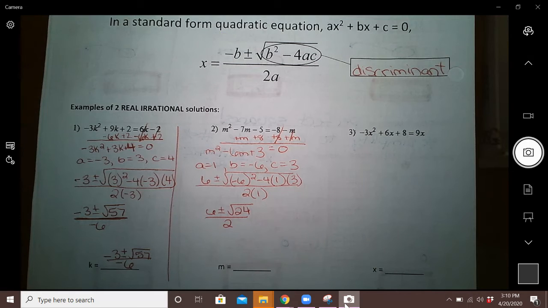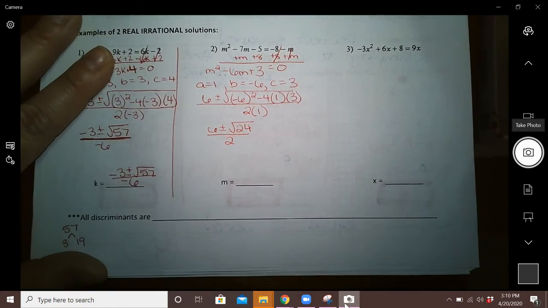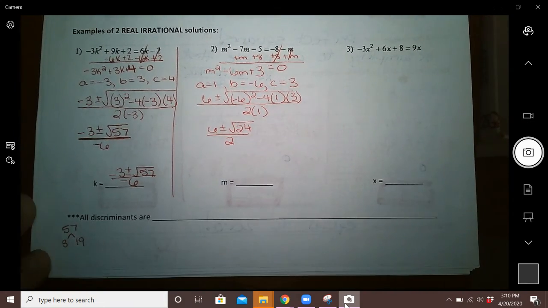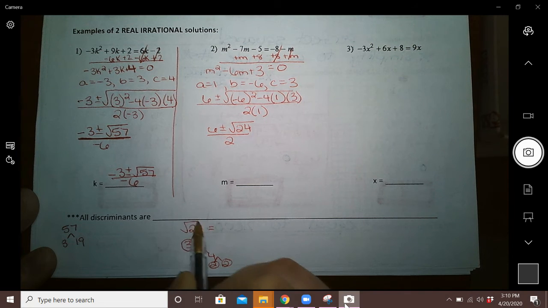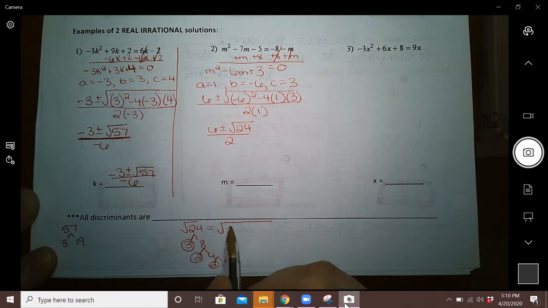I need to break down 24. So I'm going to go down here in the margin below and break down 24. I'm going to say 24 is 3 times 8. 3 is prime, and I can break up 8 into 2 times 4. 2 is prime, and I can break up 4 into 2 times 2. So the square root of 24 has 1, 2, 3 2's and a 3.